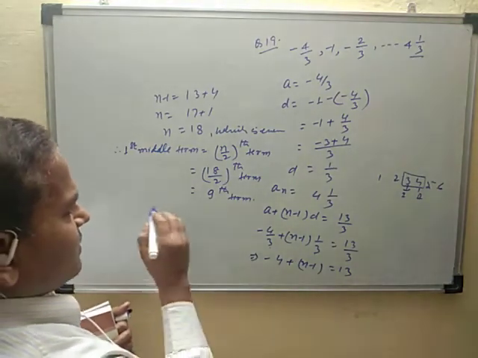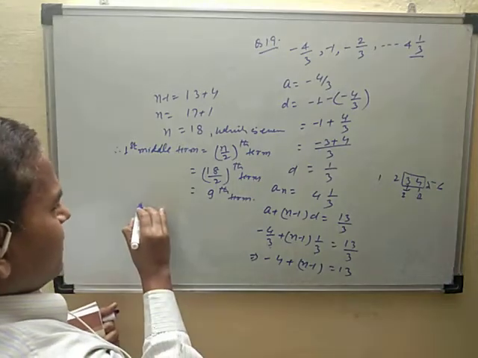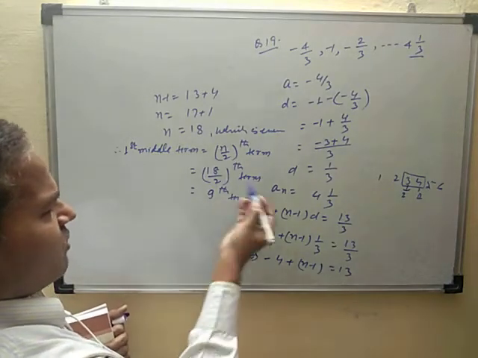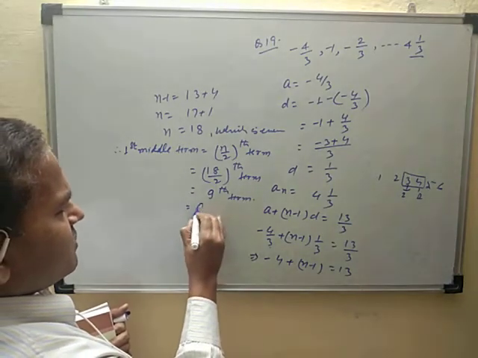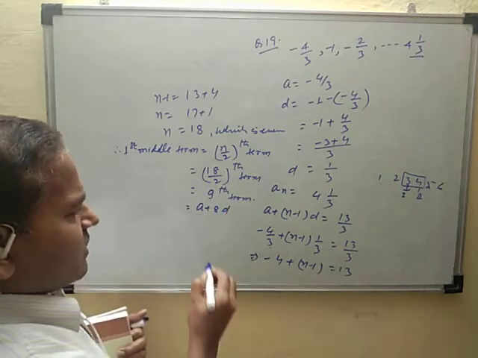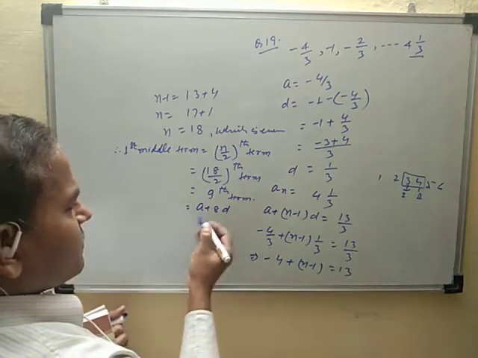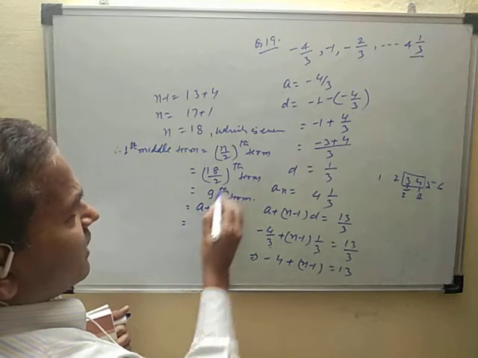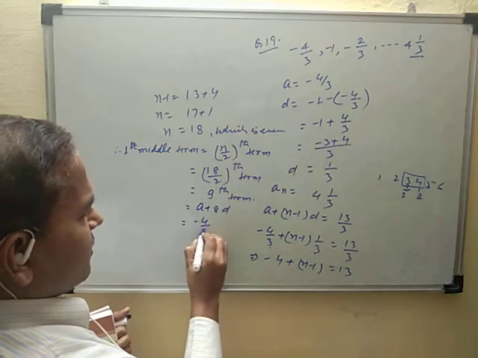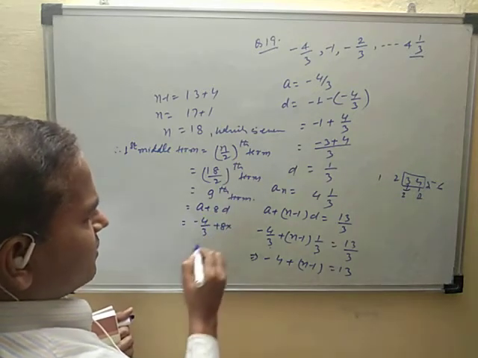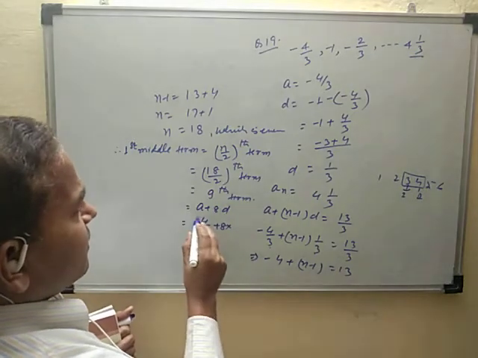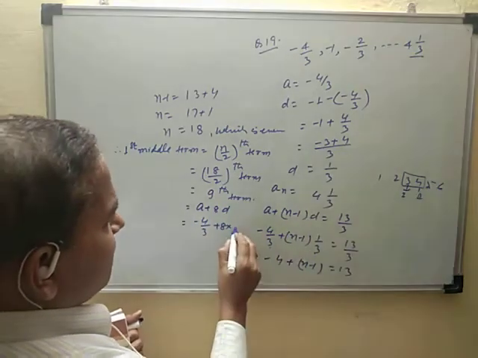Now find the value of it. The 9th term means A plus 8D, so put the values. What is A? Minus 4/3 plus 8 into D. What is D? D is 1/3.